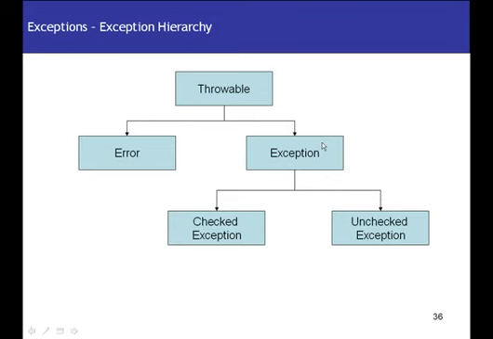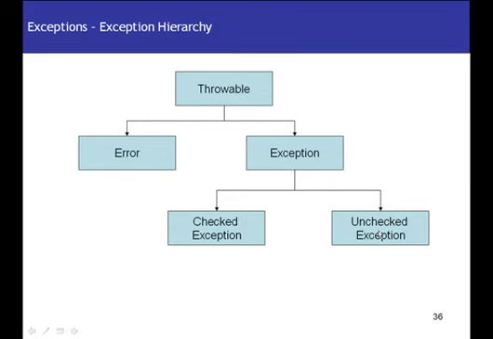Exception is something which you can handle in your programs, whereas error is something out of reach of your programs, right? So again, when you talk about exceptions, you've got two different categories: checked exceptions and unchecked exceptions. There are certain exceptions that you compulsorily need to check.